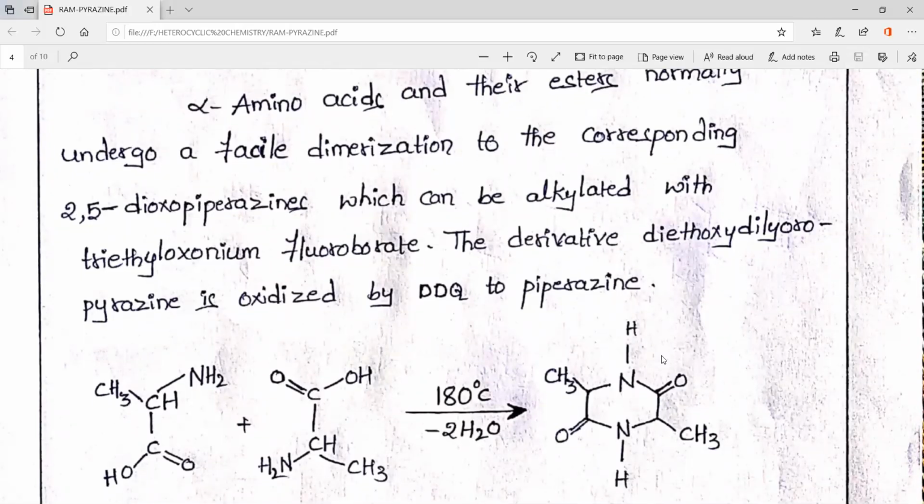Similarly, alpha amino acids and their esters normally undergo dimerization to the corresponding 2,5-dioxopyrazines, which can be alkylated with triethyloxonium fluoroborate.